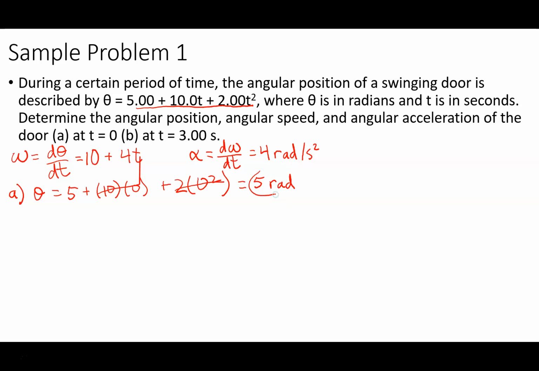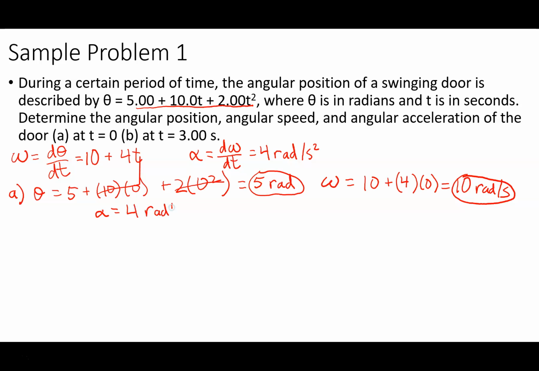And circle that. And for omega, it's going to equal 10 plus 4, plug in our 0, and then it's just 10, so 10 radians per second at 0 seconds for the angular speed. And then our alpha is just 4 radians per second squared the entire time.